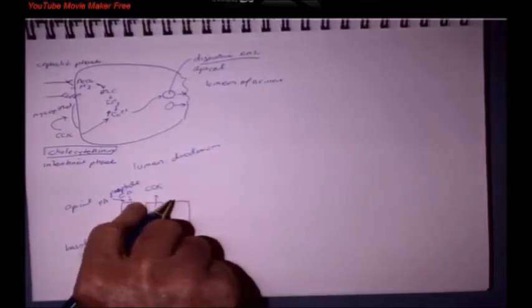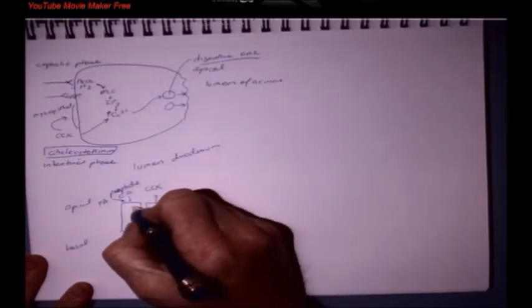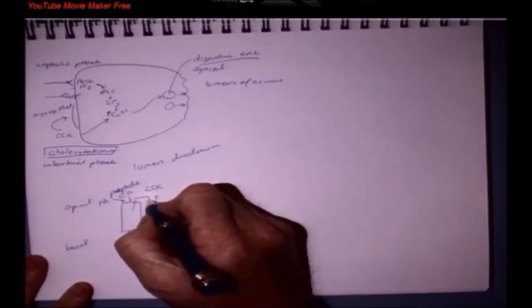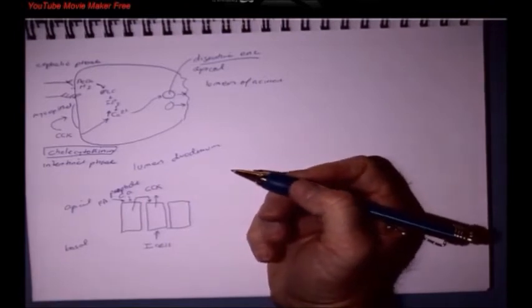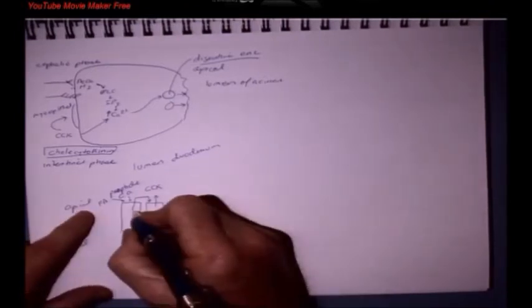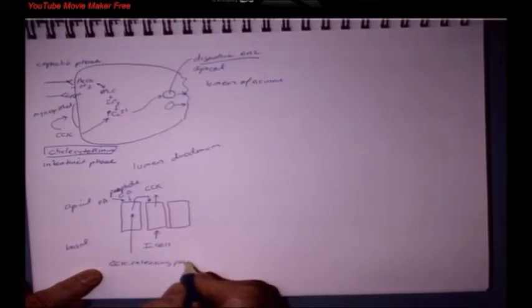And so this particular cell is going to be secreting a factor that is going to bind to the I cell. And this particular factor is called CCK releasing peptide.